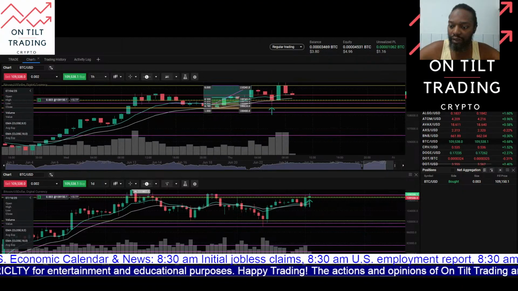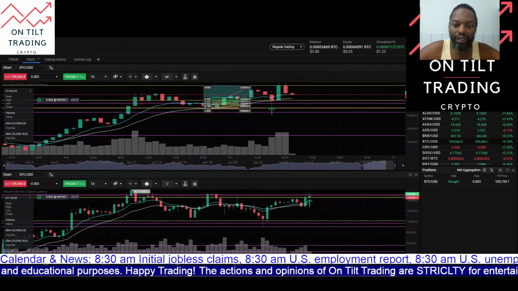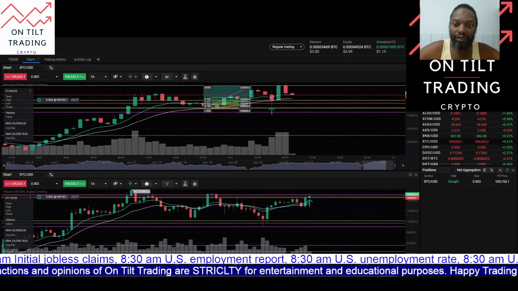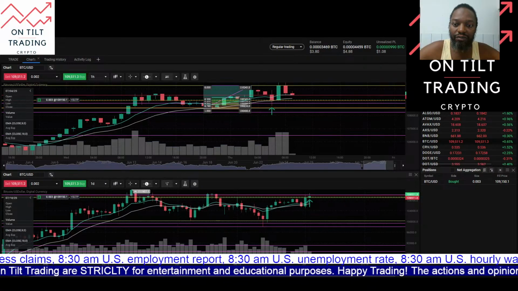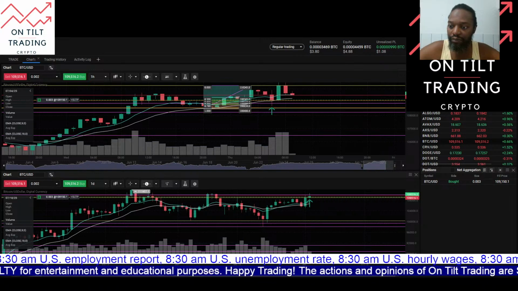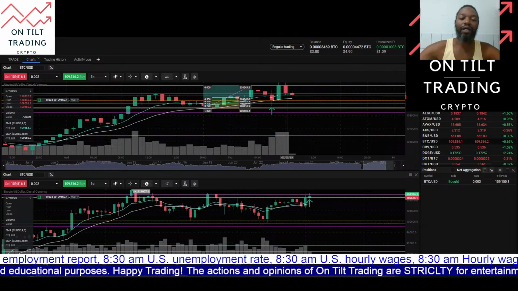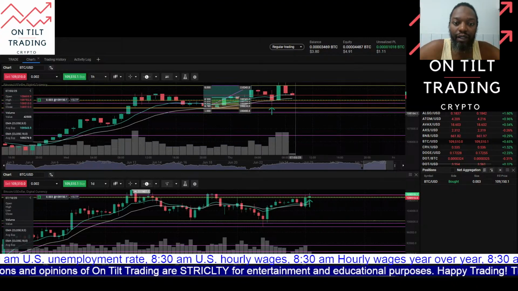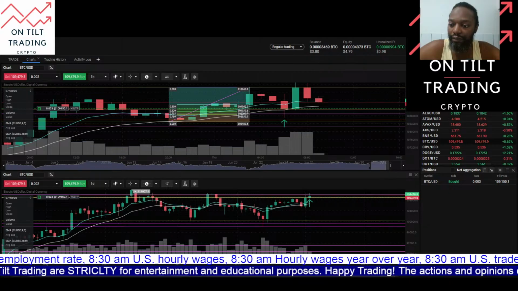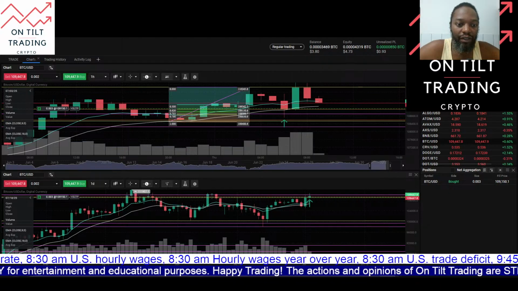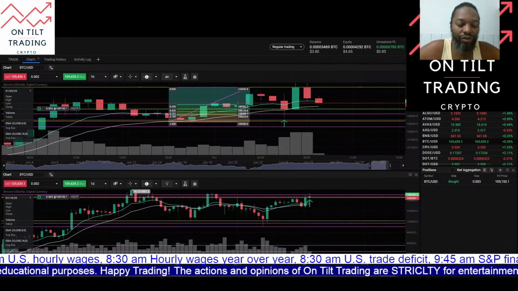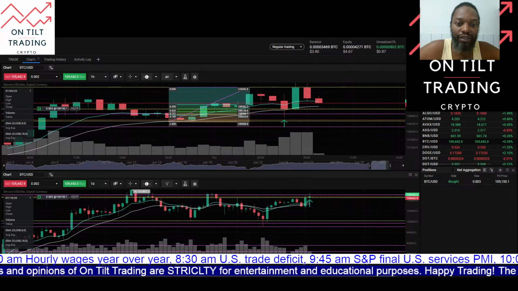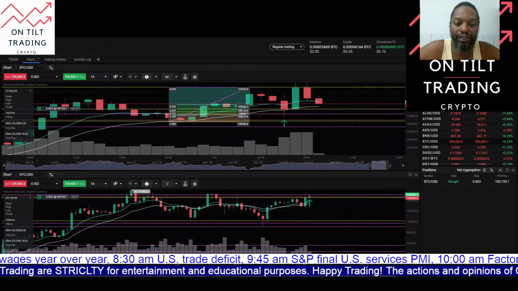I'm also seeing the moving averages, the blue line and the white line. The 9 EMA is trading above the 18, so bullish on the price action. Bullish on the moving averages, bullish structure. And then this is the structural strong low of the break of structure of the current range, and this is the structural weak high.